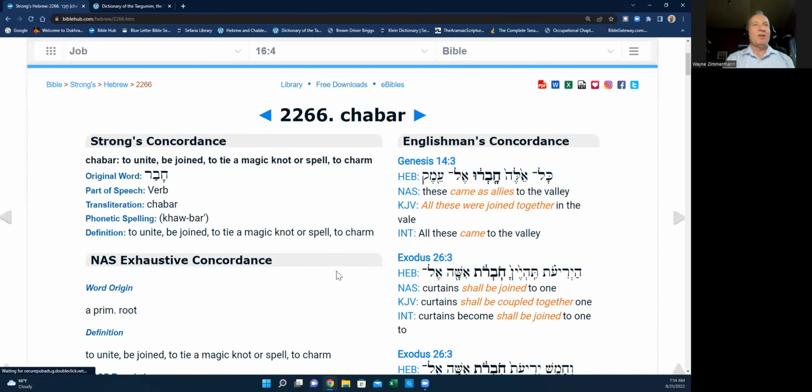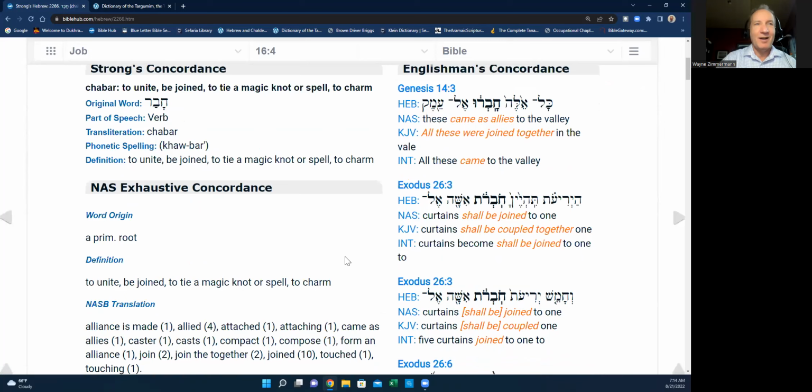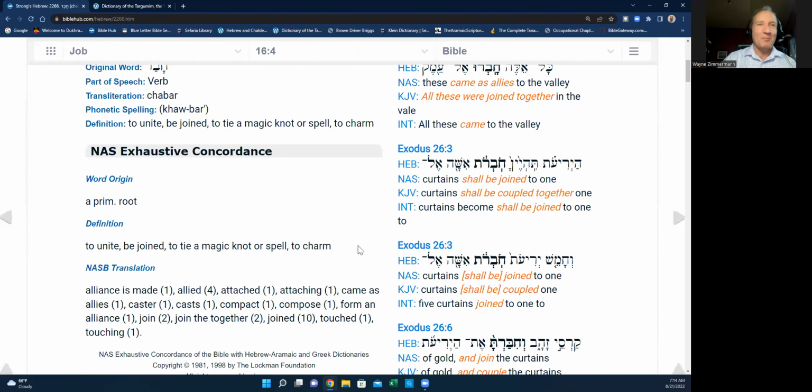And this is where it really became fascinating, that I saw that the word comes from not only to unite, but being joined together. The method of how it was joined together, I thought, was fascinating. It is like linking together with a charm, with a magic spell, or a knot to tie a magic knot. How can you not be intrigued by the meaning of this?